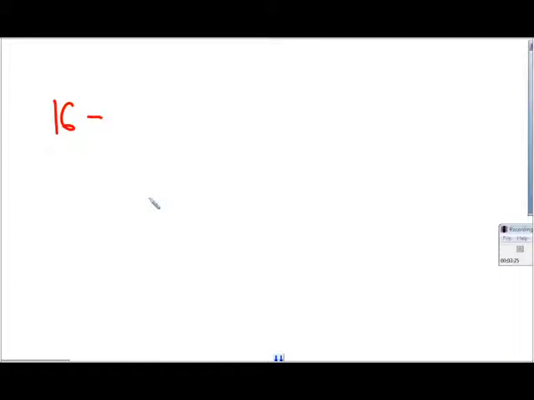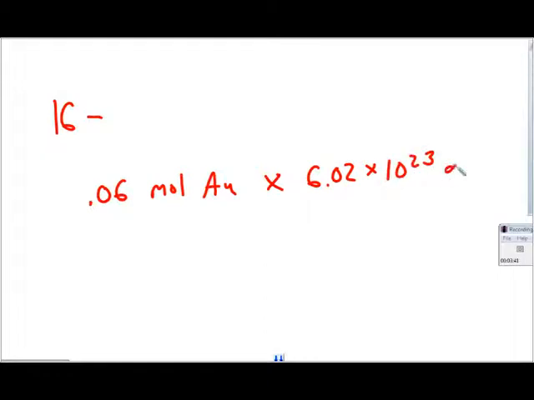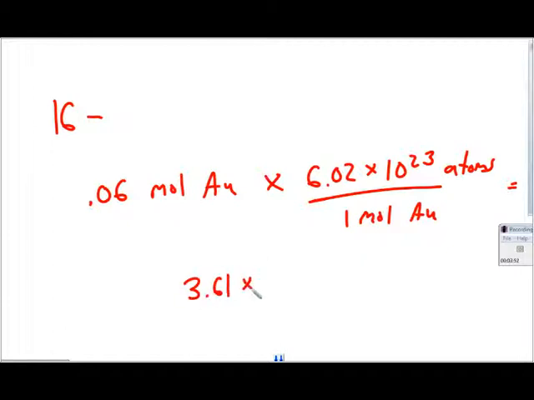16, if you have a ring that has 0.06 moles of gold, how many atoms of gold are there? That's how many moles we have. If we times it by how many atoms are in a mole, we get 3.61 times 10 to the 22nd atoms of gold.